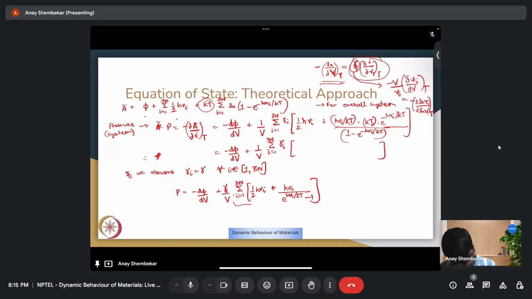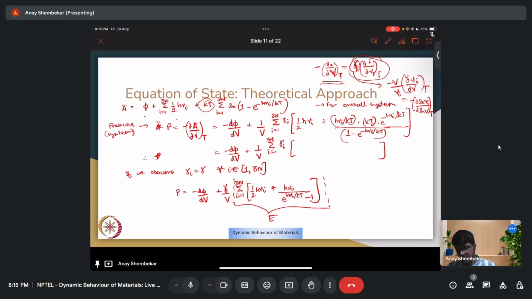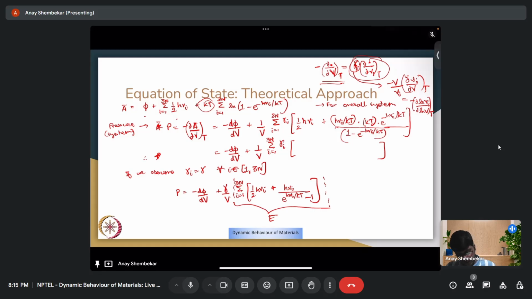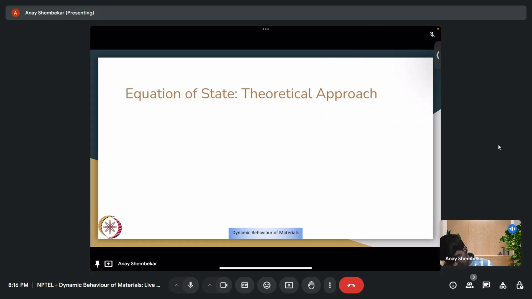This whole thing is the internal energy associated with the overall system. And since we are initially calculating it at 0 Kelvin, our pressure at 0 Kelvin is minus d phi by dV plus gamma by V times E at 0 Kelvin.